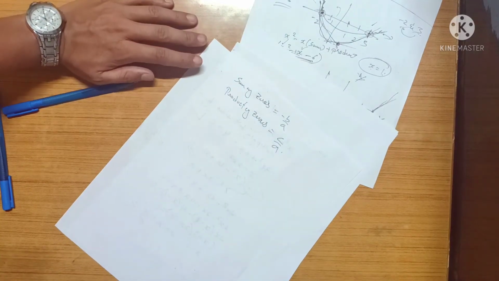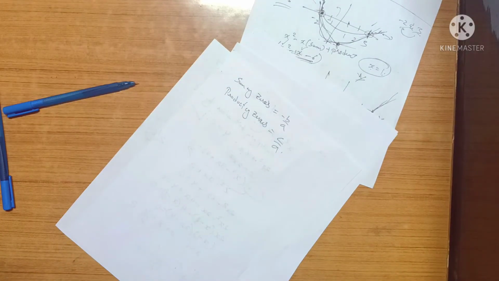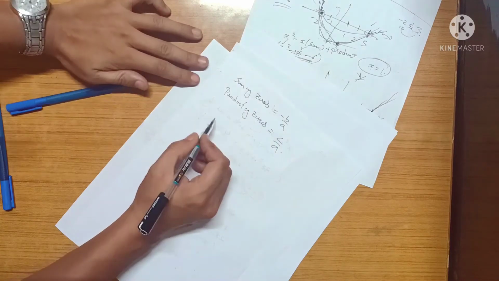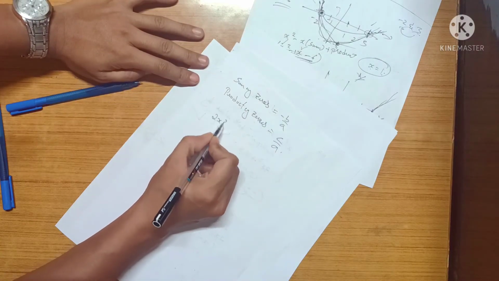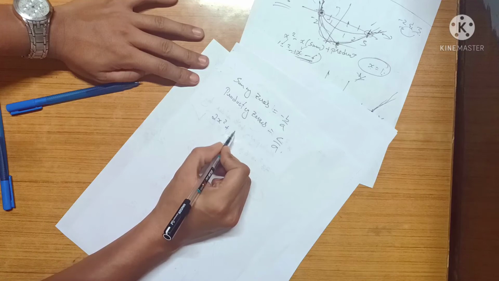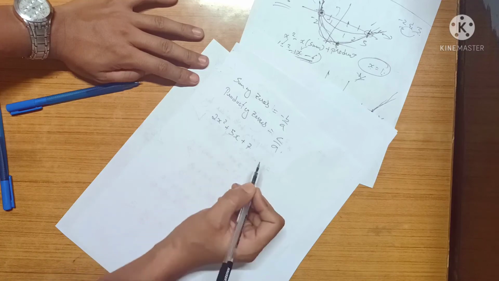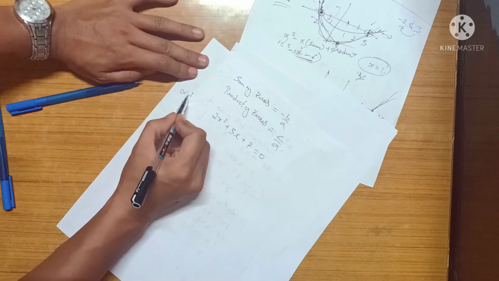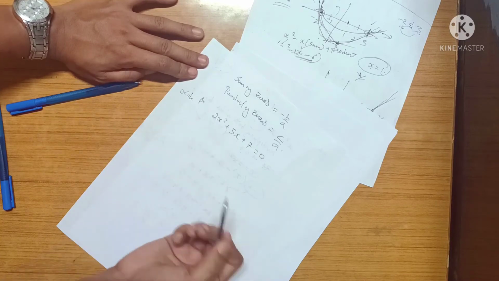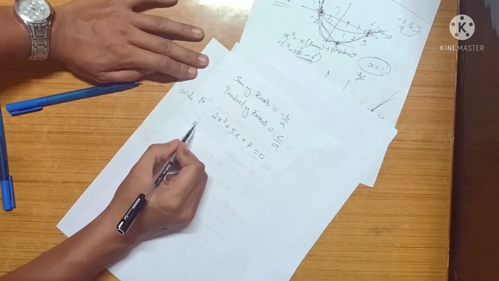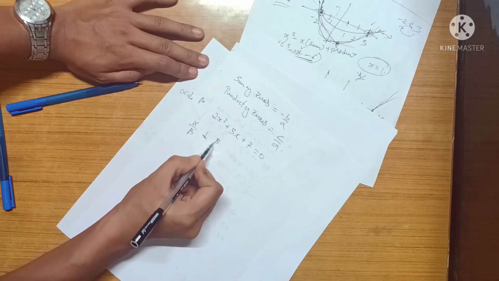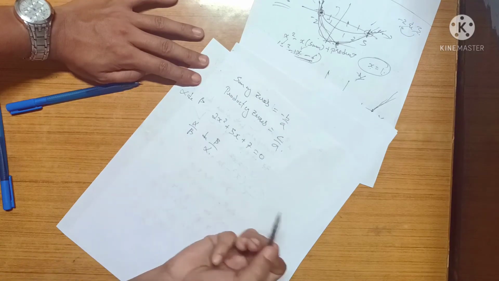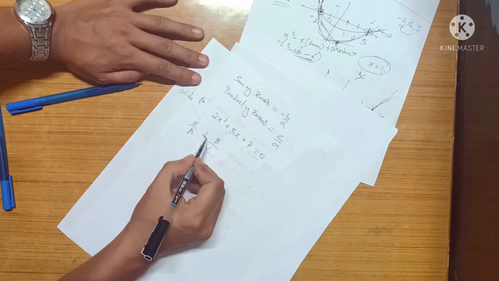Yes. And oh yes, whenever they give, suppose, 2x squared plus 5x plus 7, and then they want us to find, if alpha and beta are the zeros of this, the polynomial whose zeros are, let's say, alpha by beta and beta by alpha. So first we find the sum.